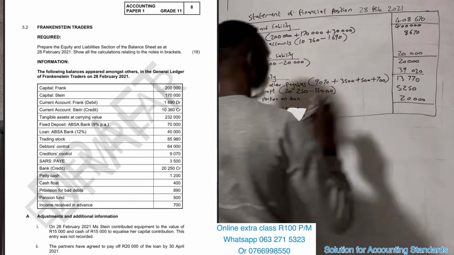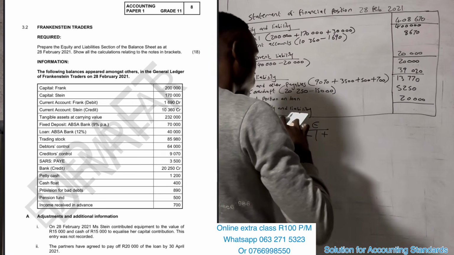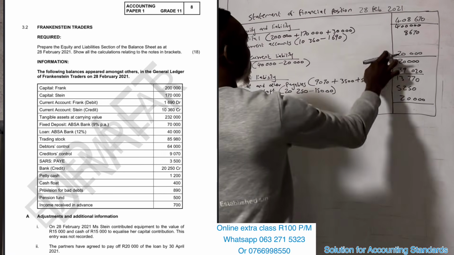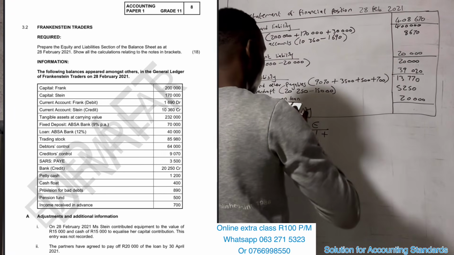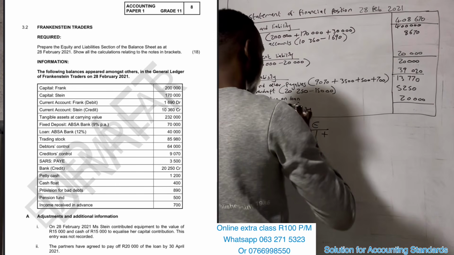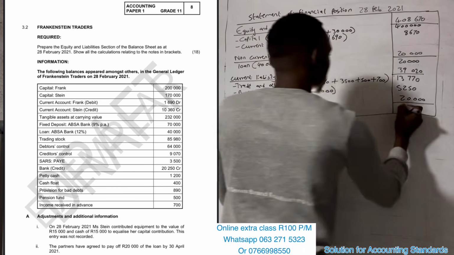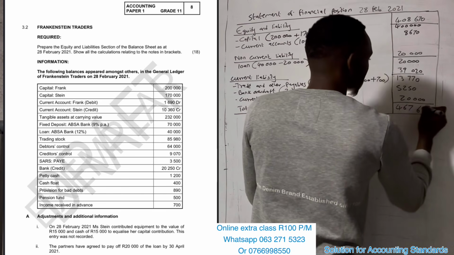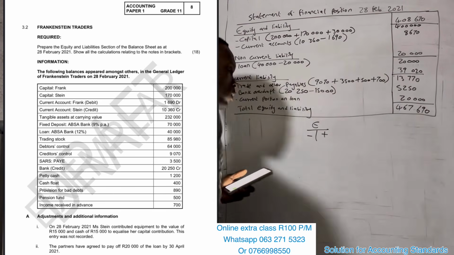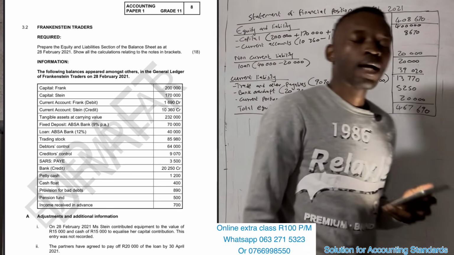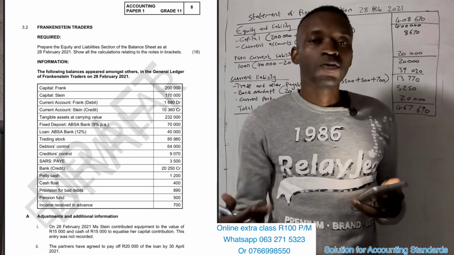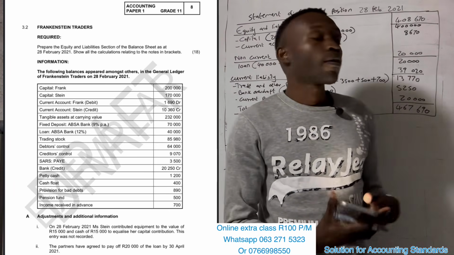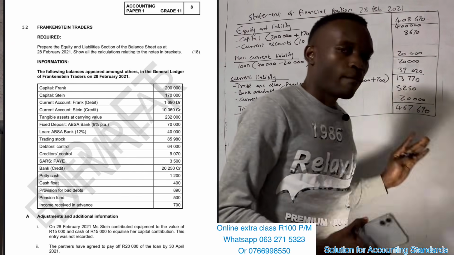Okay, 39,020. Add it with 20,000 and you add it with 408,670. It's gonna give you total equity and liability of 467,690. Simple as that. That's how most of the balance sheet in grade 11 is gonna look like.